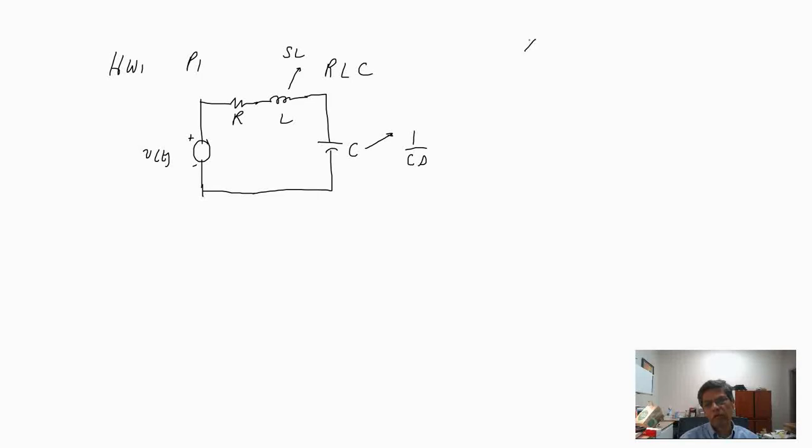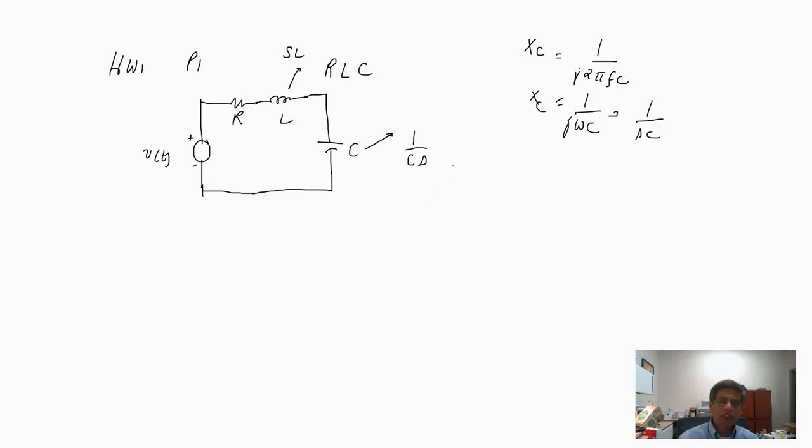Remember, back in your AC circuits, you were told that the capacitive reactance is 1 over 2 pi fC, where this is actually omega. In reality, we write j omega C. So the reactance in the S domain now becomes X of SC. Okay, so much for that.